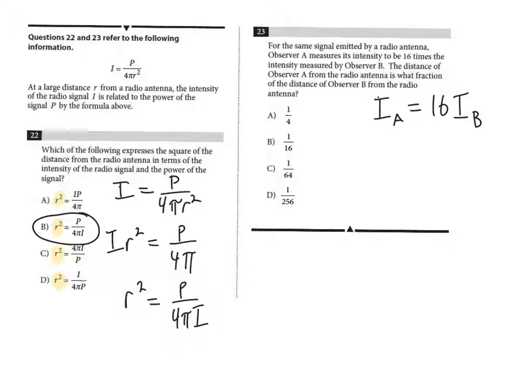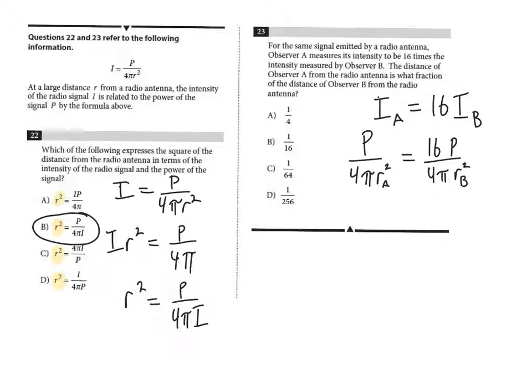So on the left, we're going to have an expression here. It's going to be P over 4 pi r squared. Now this is A's distance. And over here we've got 16 times P over 4 pi r squared.